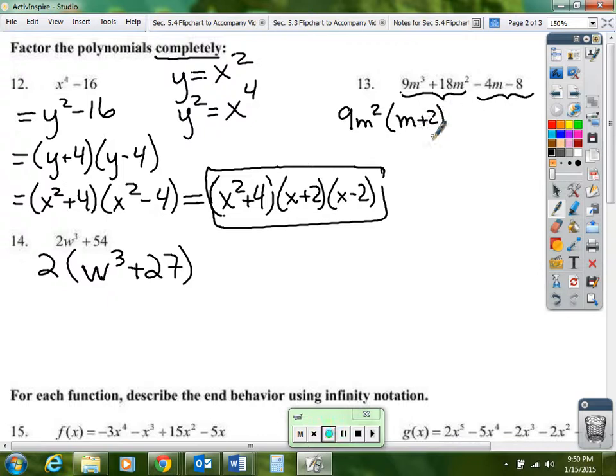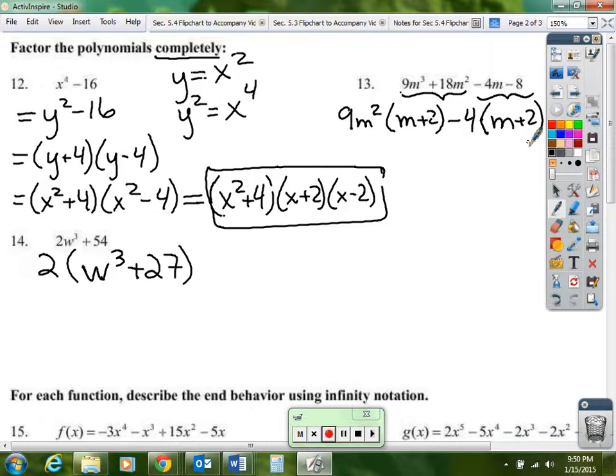We do the same thing for the second 2 terms. Let us factor out a negative 4. What remains is an m plus 2. Remember, the idea there is to get the m plus 2 in parentheses. If we had factored out a positive 4, we wouldn't have been left with an m plus 2 in parentheses. Let us factor again.